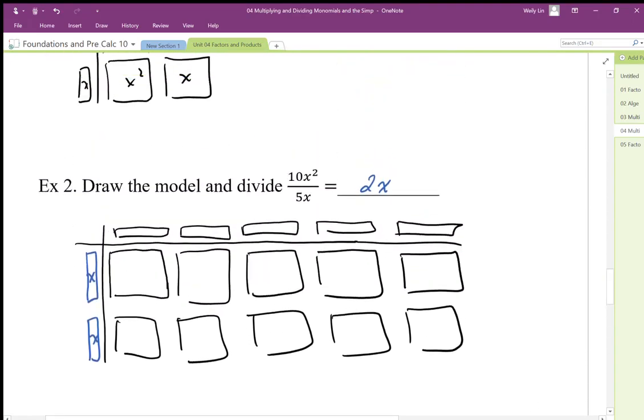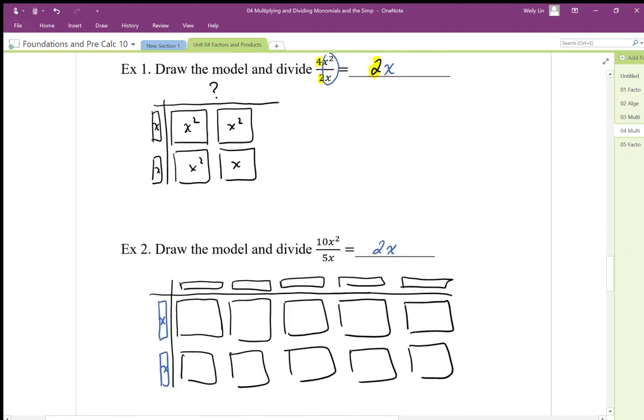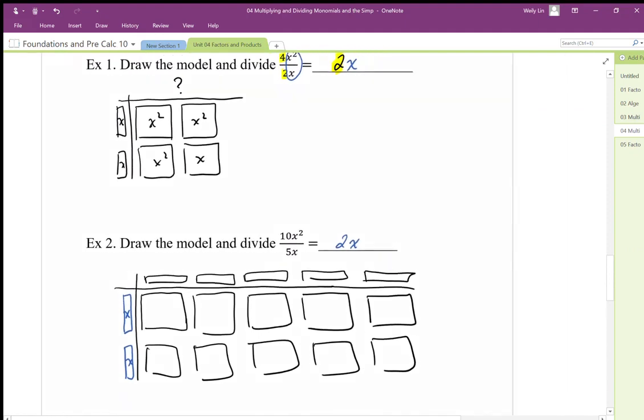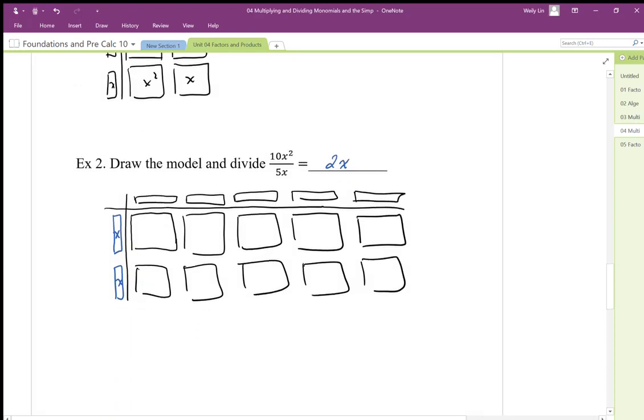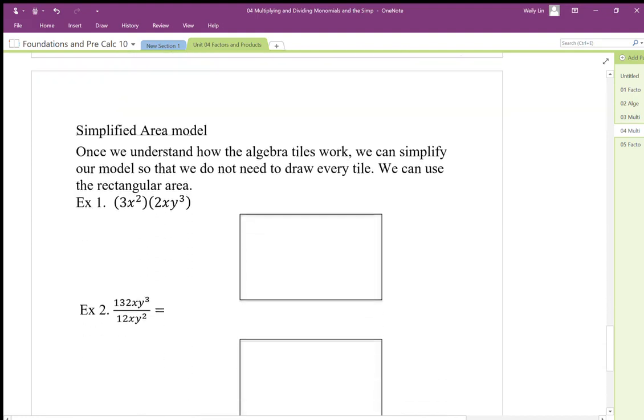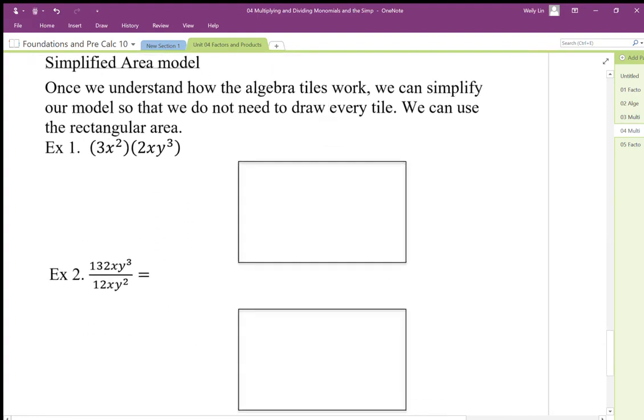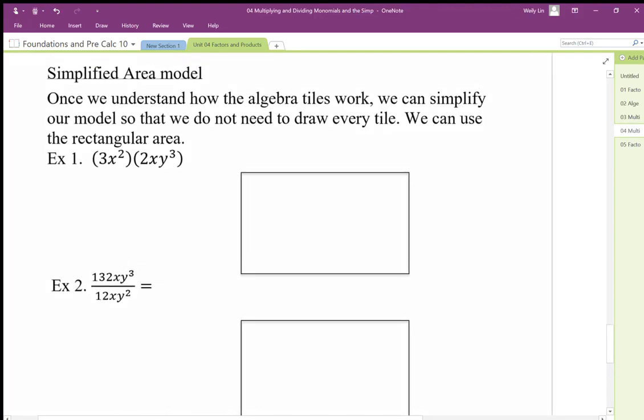Now we don't really need to be drawing pictures for all of these, but it is important that you understand the area model for multiplication and division, because when we start encountering things that we're not familiar with, we need to make sure we go back to these area models and make sure it makes sense. Now, it's nice to have each individual piece so we can count.